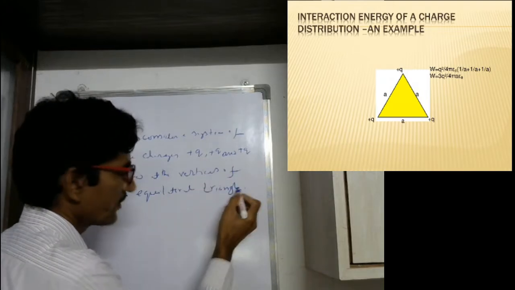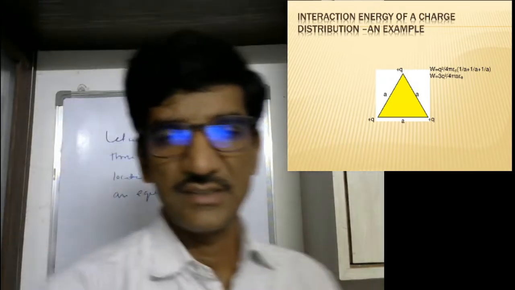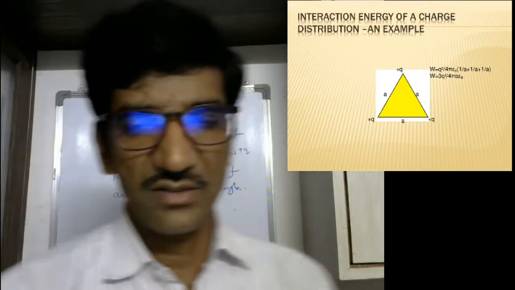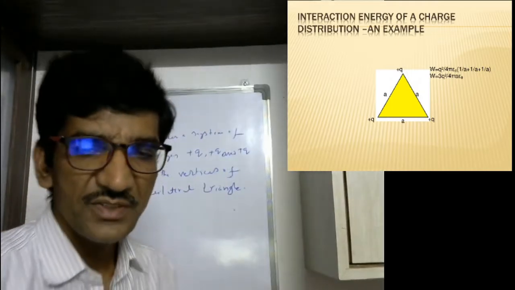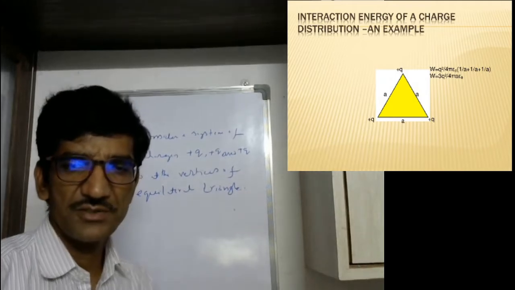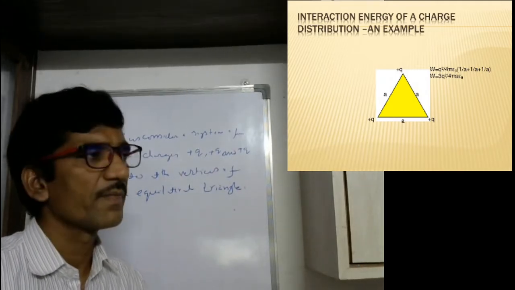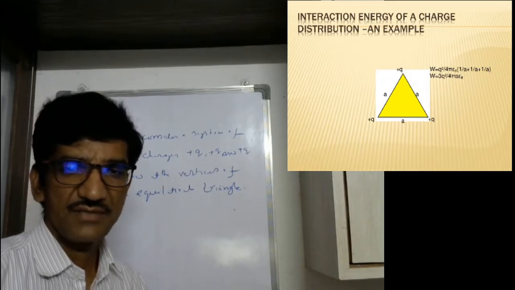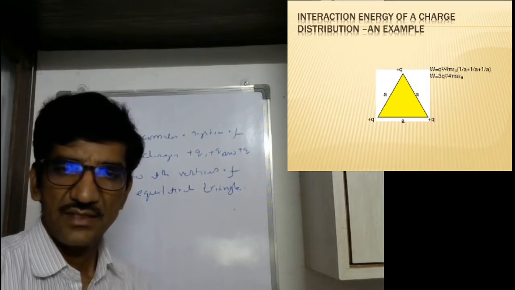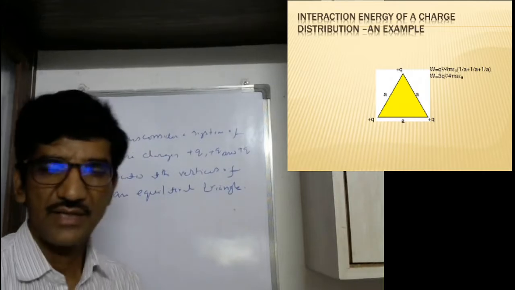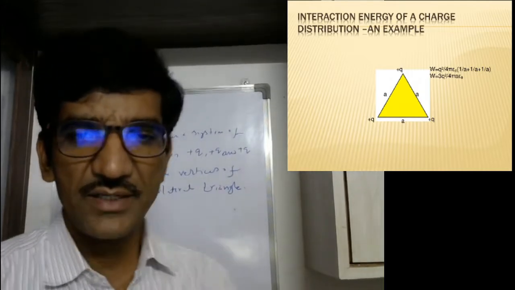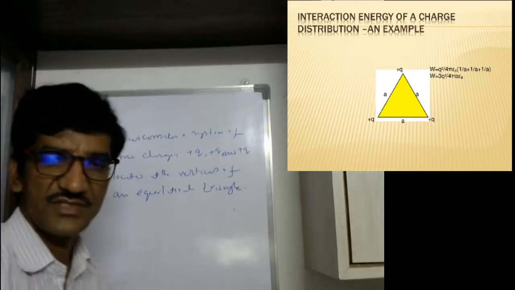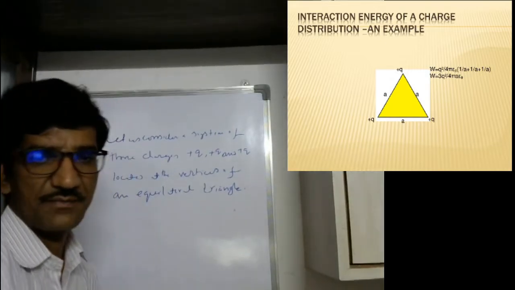You can see the system in the slide. It is an equilateral triangle. At all the three vertices, you have the same positive charge of plus q coulombs. Each side of this triangle is a. That means the distance between any two charges is a.